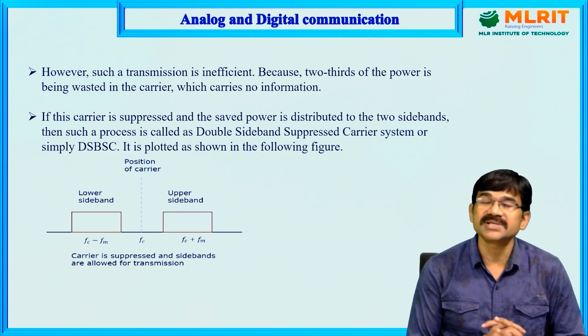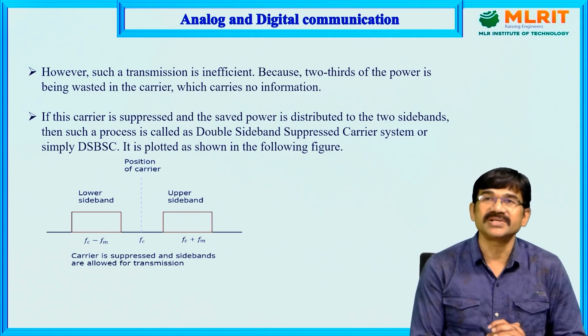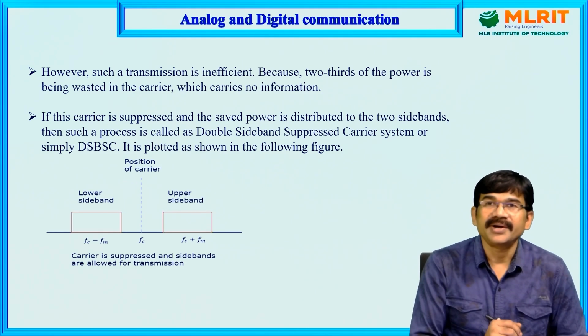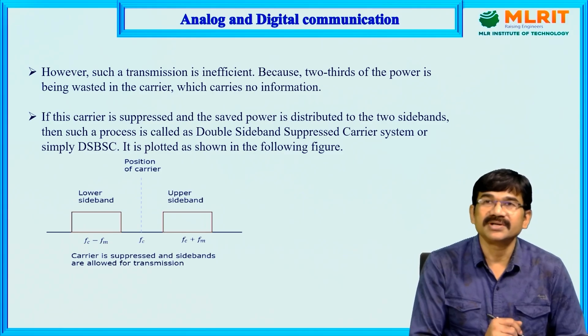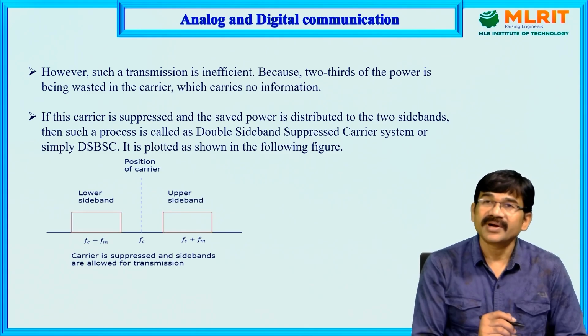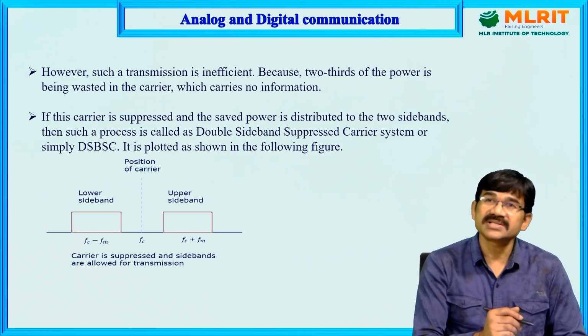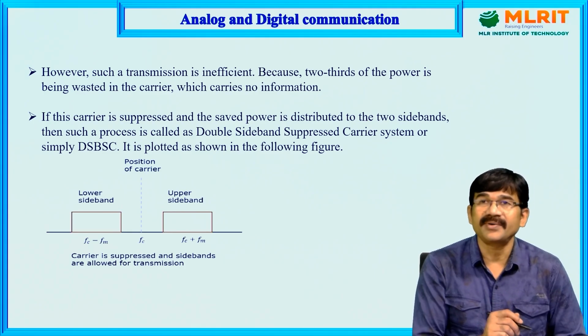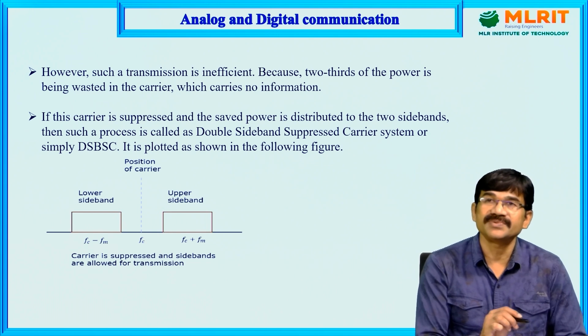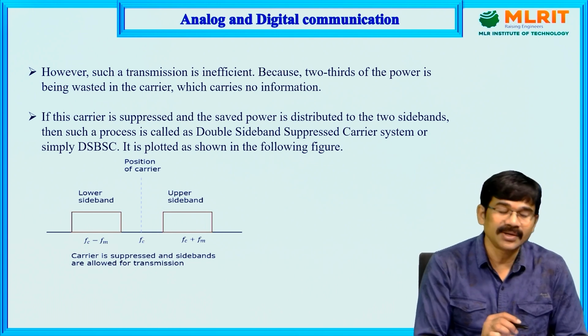If we are suppressing the carrier, what are the advantages? The power required for the transmission of the carrier is very high, so we are eliminating and suppressing the carrier. The power we were using for the transmission of the carrier, if we suppress that carrier, we save that power, and the saved power we utilize for the transmission of the upper sideband and lower sideband.